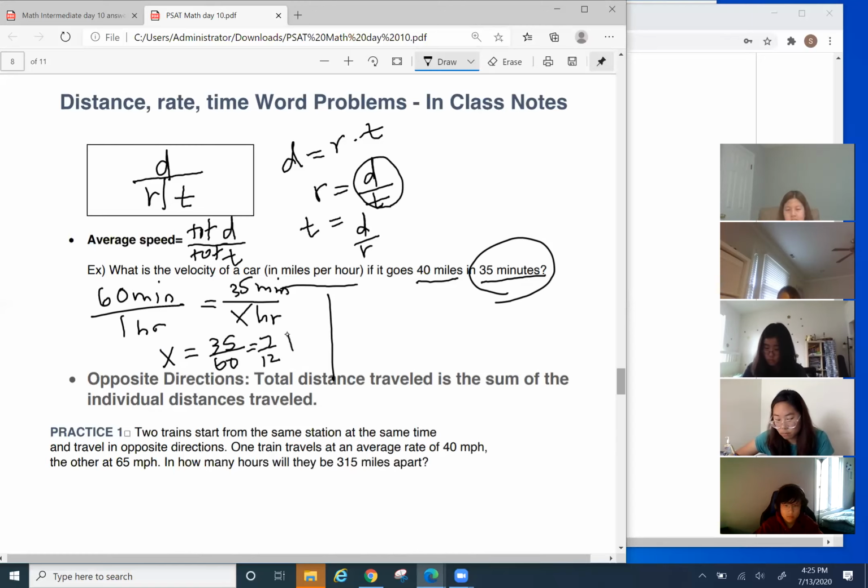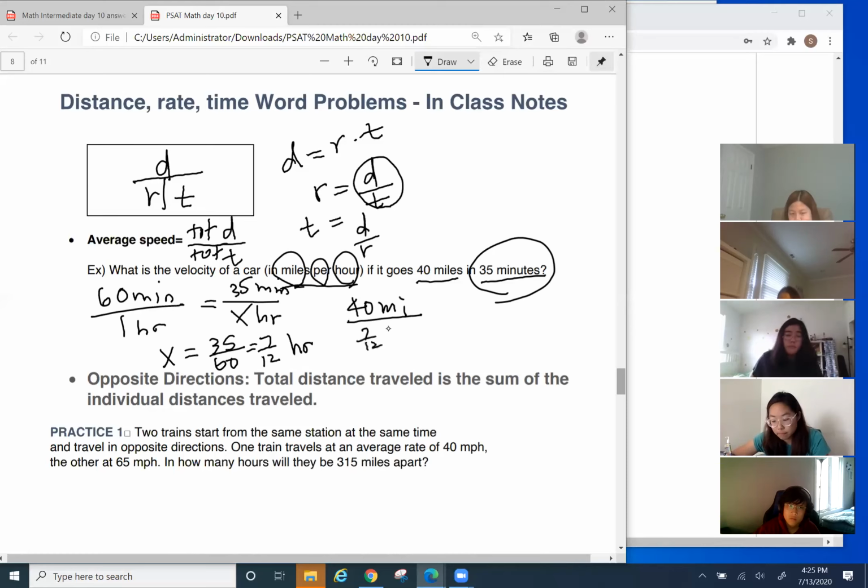That's how many hours this is. And what you can do further is just do the miles divided by time. So 40 miles, divided by 7 over 12 hours. So that will give you the answer.